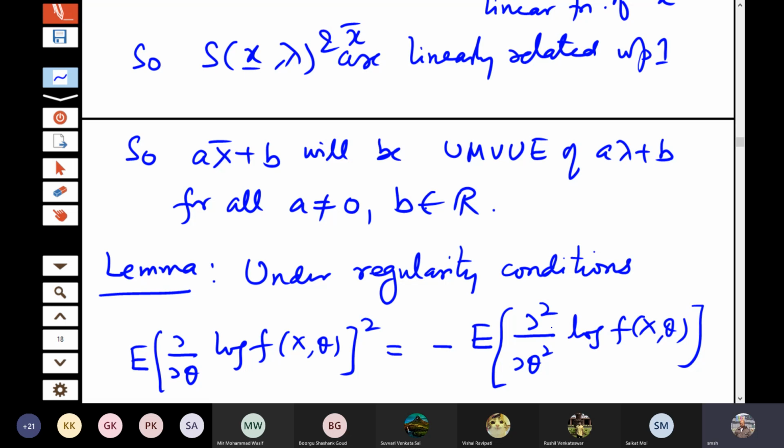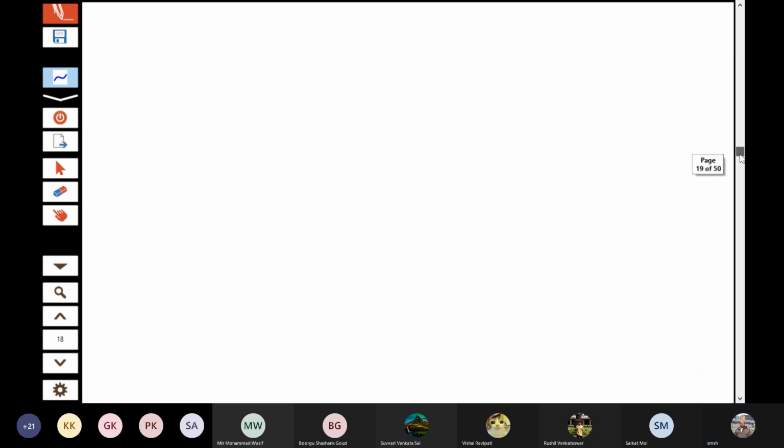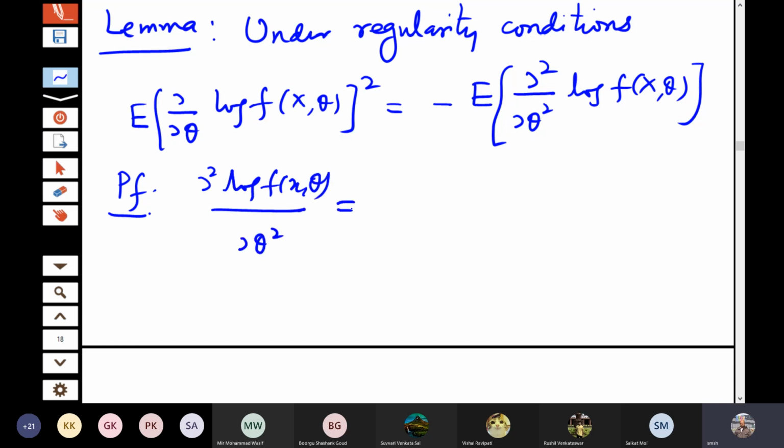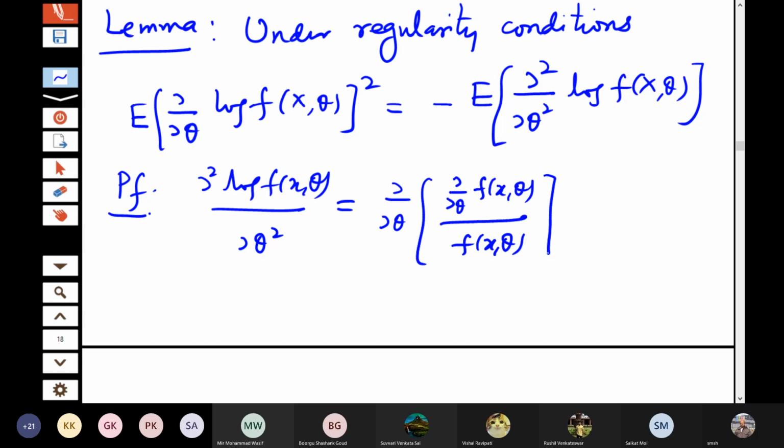Let us just consider this here. If I consider ∂² log f(x;θ)/∂θ², that is equal to ∂/∂θ of (∂/∂θ log f(x;θ)), and that is nothing but ∂/∂θ of f'(x;θ) divided by f(x;θ).